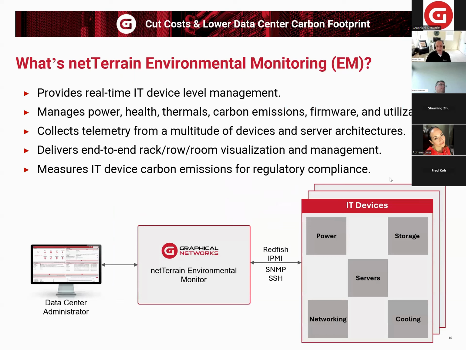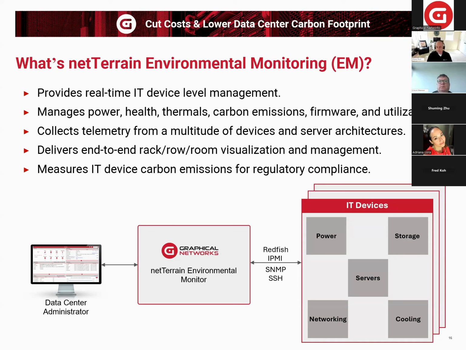I thought of very quickly talking about what the environmental monitoring EM module is in netTerrain. It's essentially a module that uses standard protocols like Redfish, IPMI, SNMP, and SSH to gather more detailed, out-of-band telemetry from all the IT devices that you typically find in a data center.